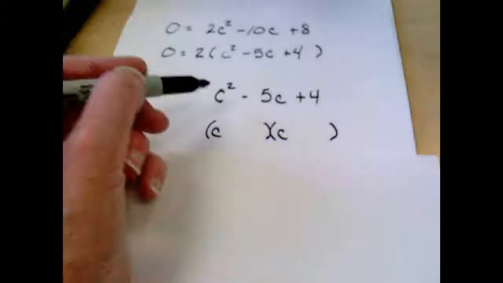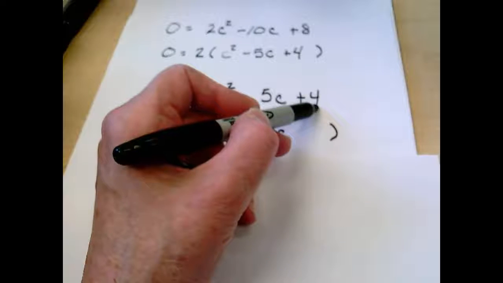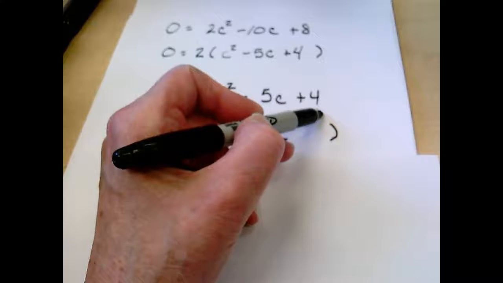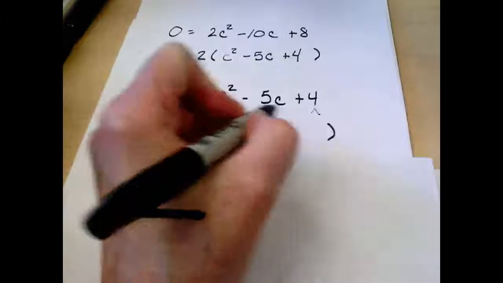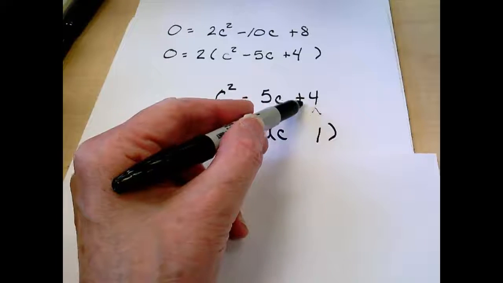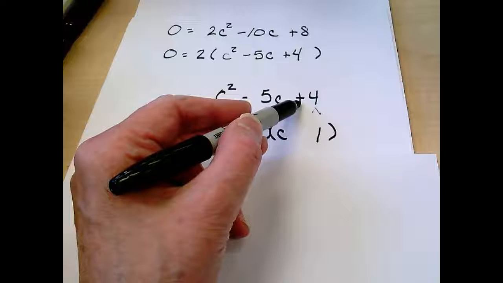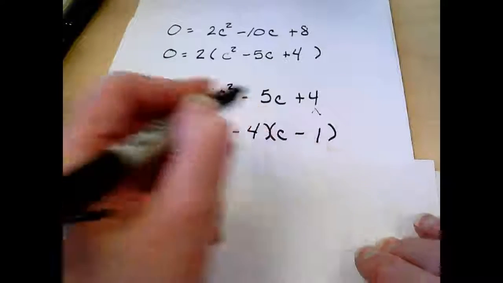When I do that, c squared would be c times c, so now I'm looking at 4, and the factors of 4 that add together to be 5 would be 4 times 1. They're both the same sign. Anytime this is positive, same sign. So I look over here, they're both negative. Minus and minus.